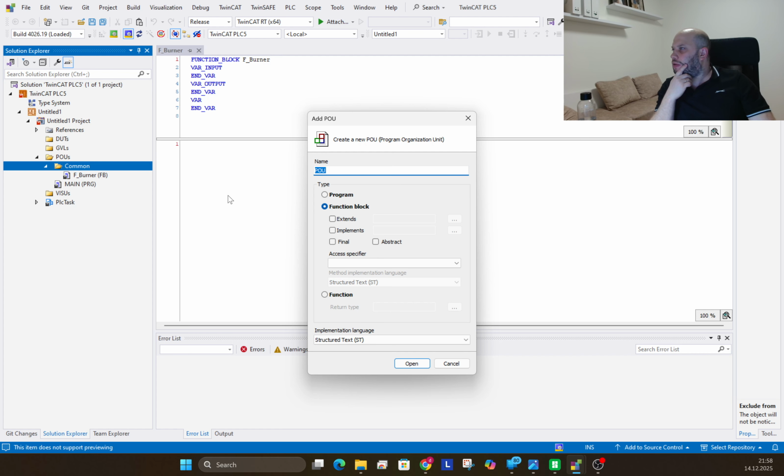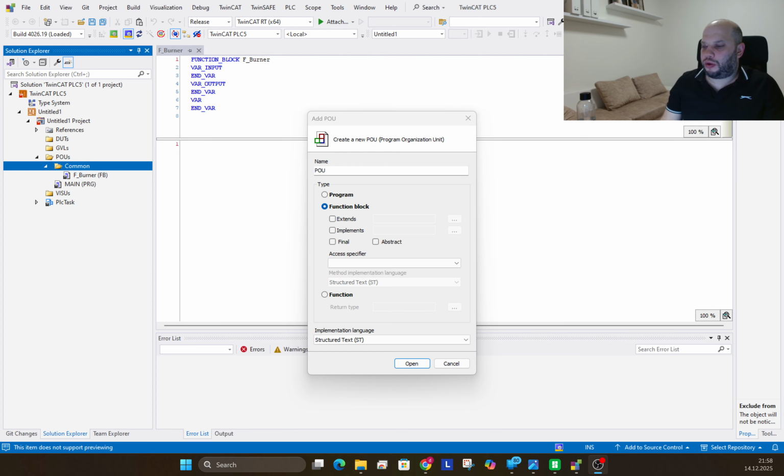So timer, like, yeah, standard timer TON to make short delays when the sensor, like, yeah, to reduce the contact bounce.